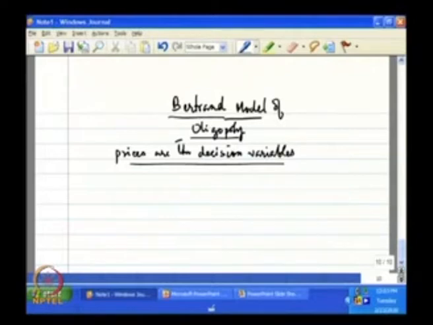So, different firms might set their prices differently, and the output that they are producing is of similar quality. Which means that if I set a price of, suppose, 5 rupees for my product, and my rival sets a price of 4 rupees for his product, and we take our goods to the same market, the customers are not able to distinguish between my product and his product.